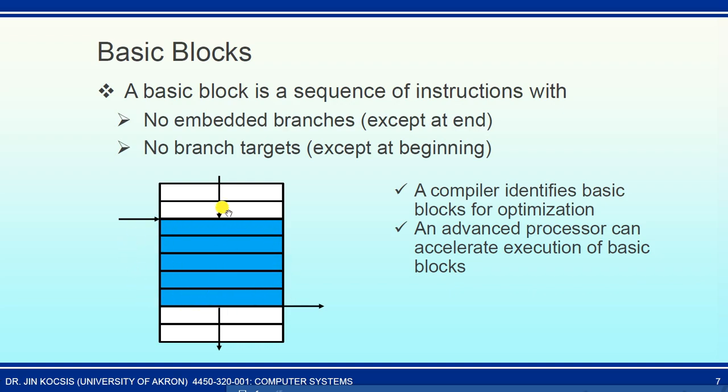They can only be entered from the beginning or exited from the end. They are not allowed to have embedded branches, or branch targets except at the beginning. So when the compiler sees a sequence of instructions, it first identifies the basic blocks, and then when it optimizes, it does not optimize the implementation of individual instructions. Instead, it optimizes using those basic blocks as the basic unit. By doing so, we can potentially improve the performance.